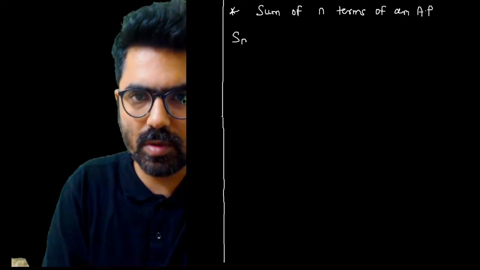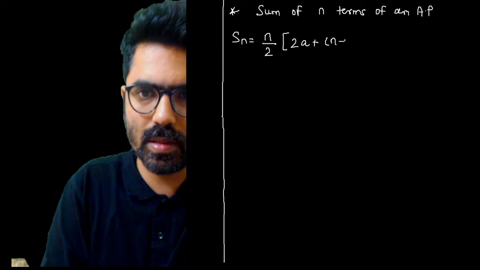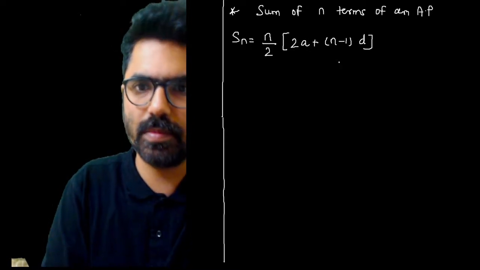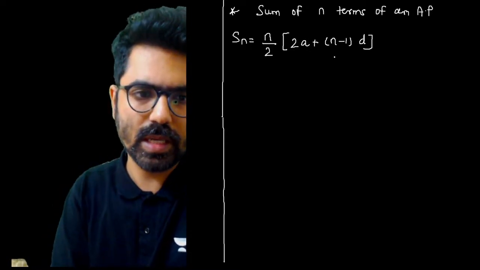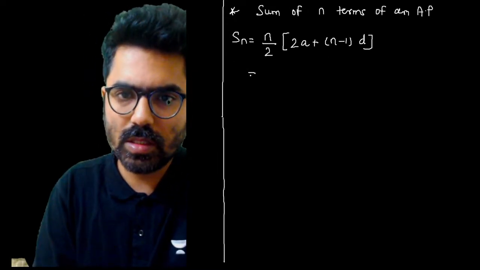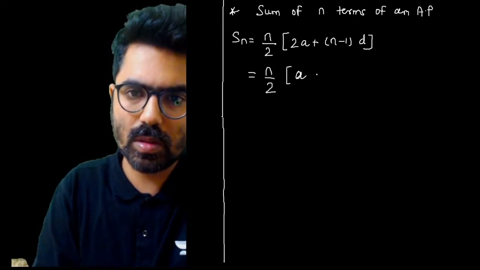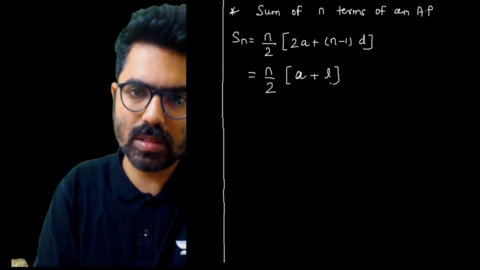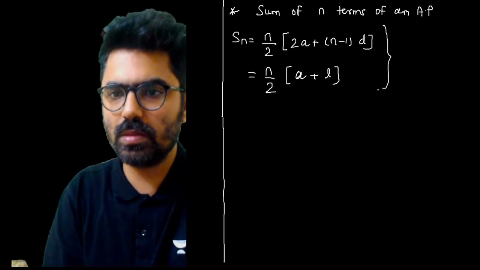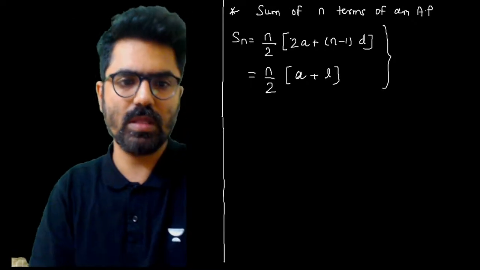Here the sum of n terms formula is n by 2 into twice A plus n minus 1 into D. This is also written as n by 2 into the bracket of first term plus last term. These are the two formulas.